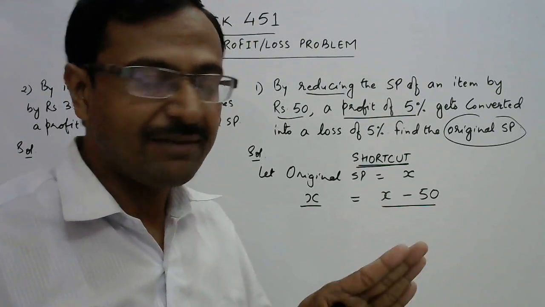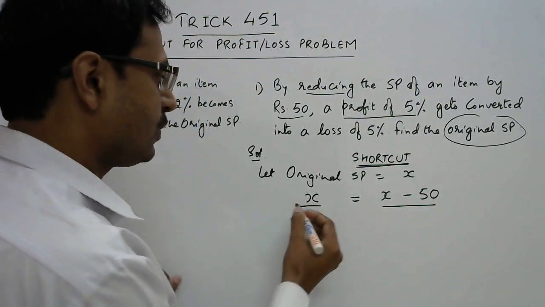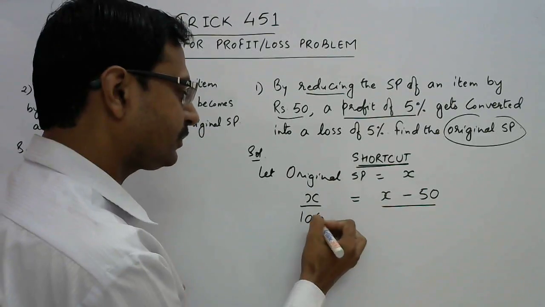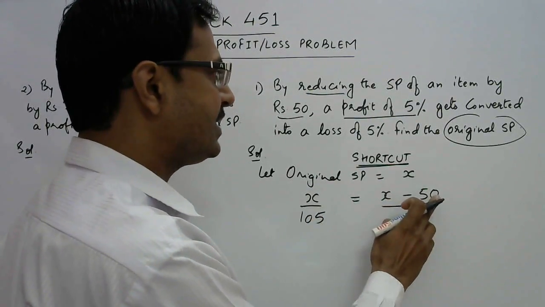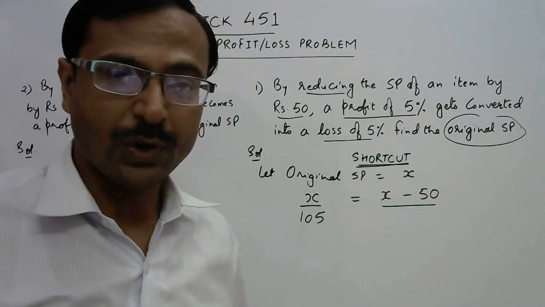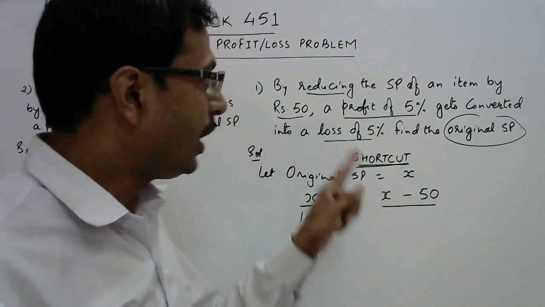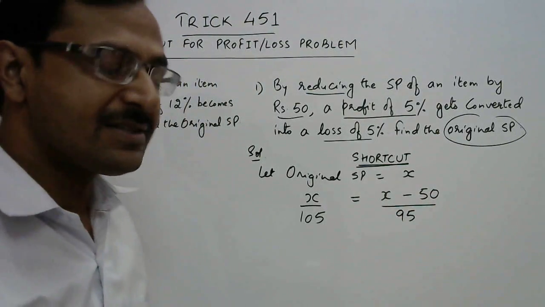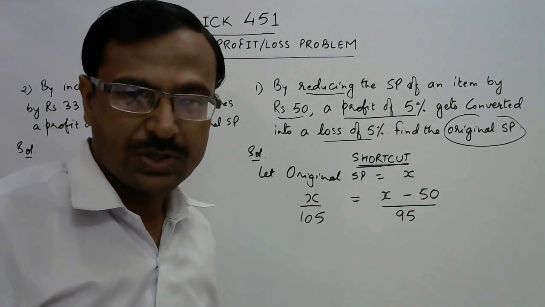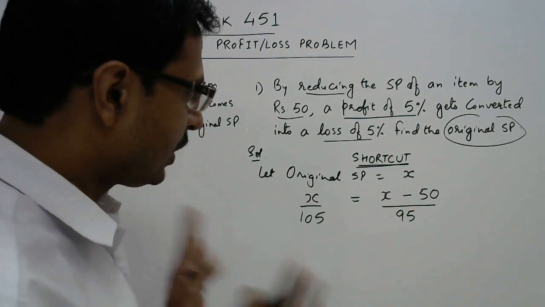So 100 plus 5, 105%. We write 105 here, and on the right hand side, since we have reduced the selling price, a loss of 5%, so 100% gets reduced to 100 minus 5, that is 95. That's it. This is the equation we wanted, and now we can solve this very easily.